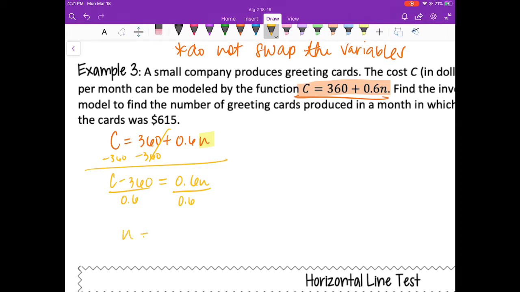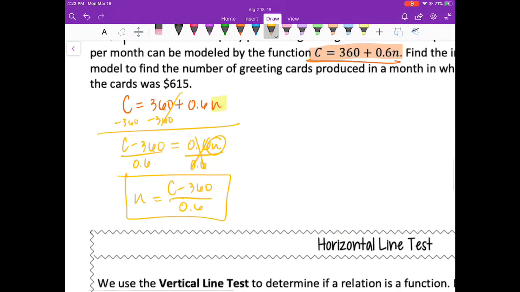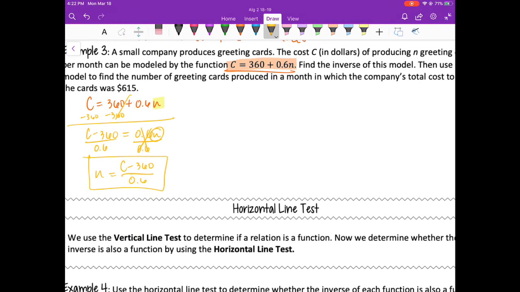So now we have n by itself, and it's just equal to c minus 360 divided by 0.6. Now, if you wanted to distribute that divide like we did on f inverse up above, you totally may. You don't have to, though. This is good enough for me. And so we found our inverse.